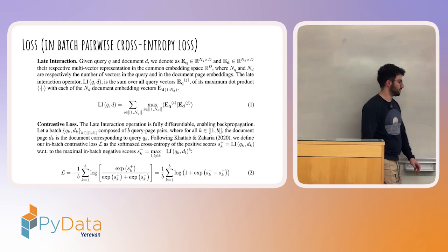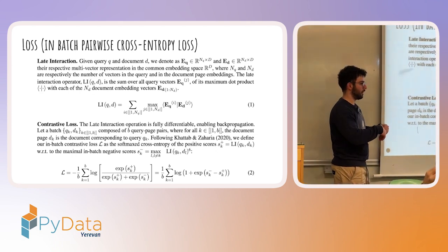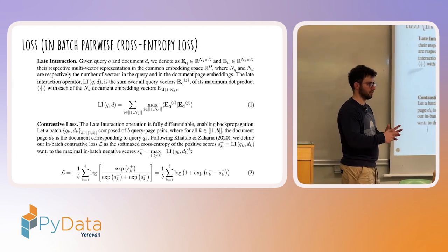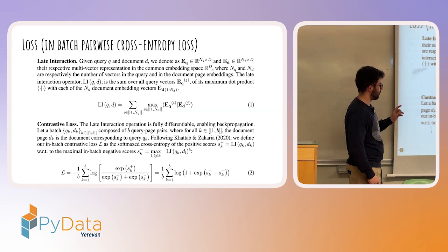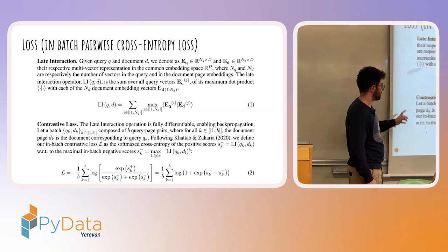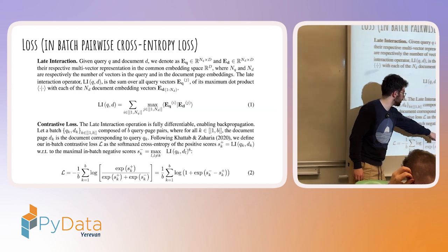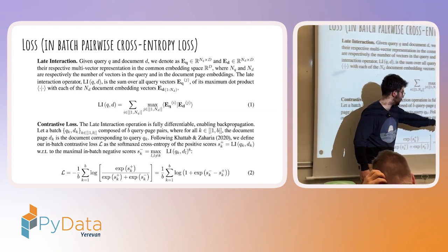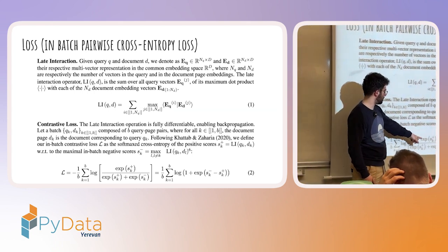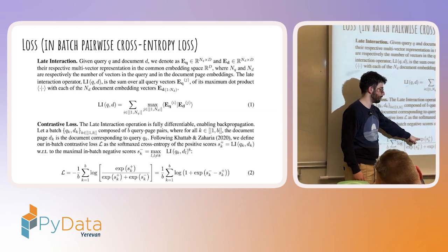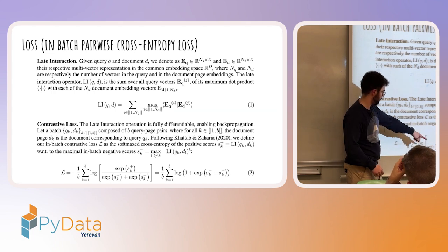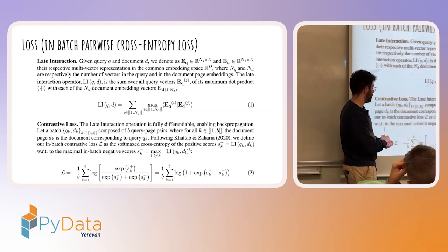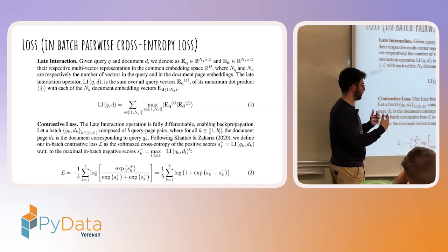So what they did is, in the batch, each query has a corresponding image as its match. They are trying to maximize the similarity score. S_k is the late interaction score, you can see over there. They are trying to maximize the similarity score of the correct match, and in the denominator they are trying to minimize the score of the hardest negative matching pair.